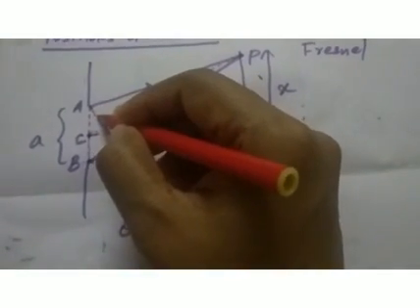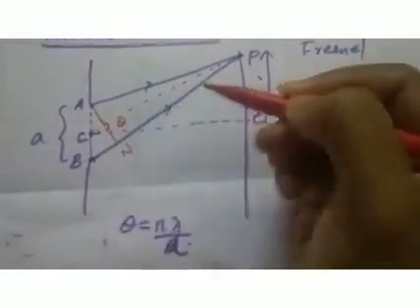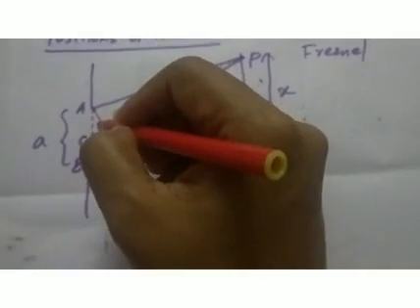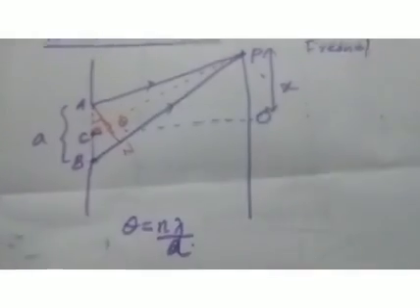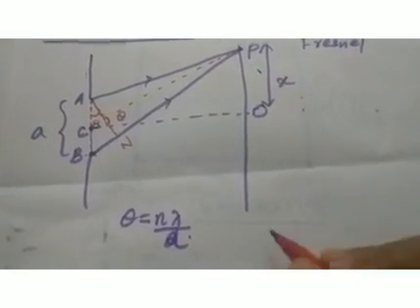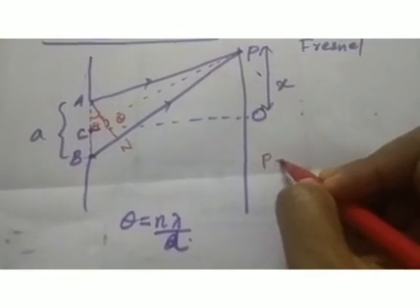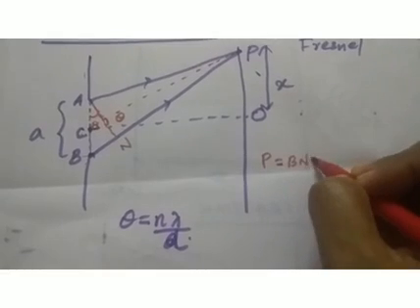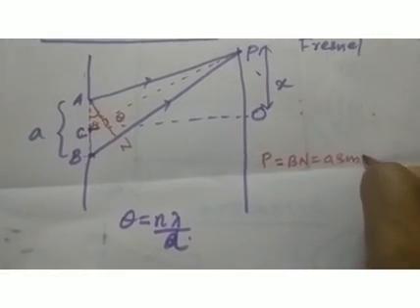Also, if we draw a normal from A to this line, this normal meets at n, and if this angle is theta, we have calculated path difference P is equal to Bn, that is equal to a sine theta.